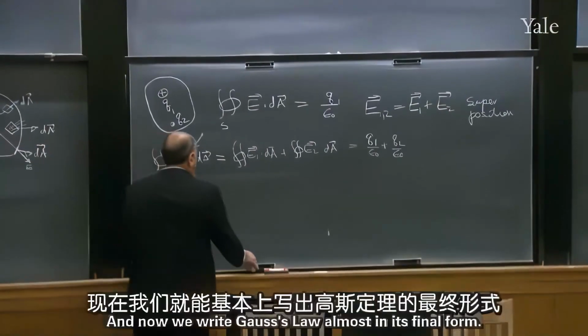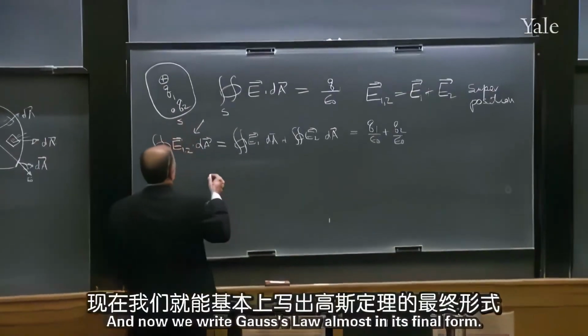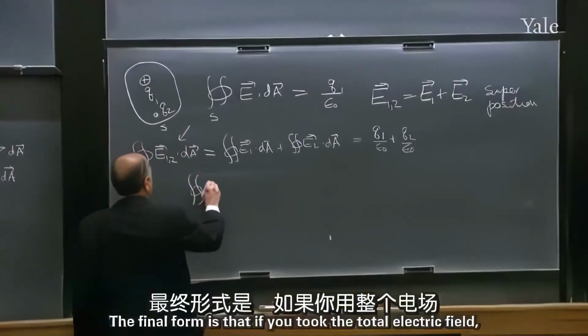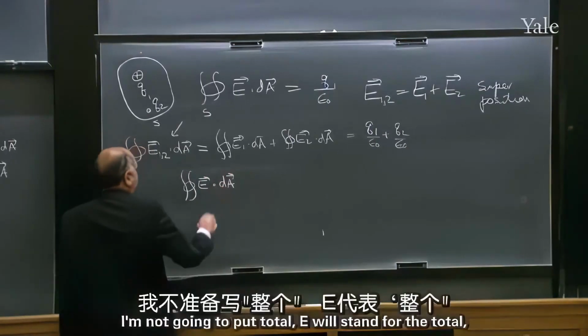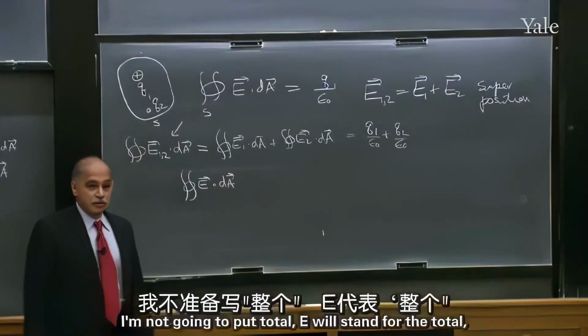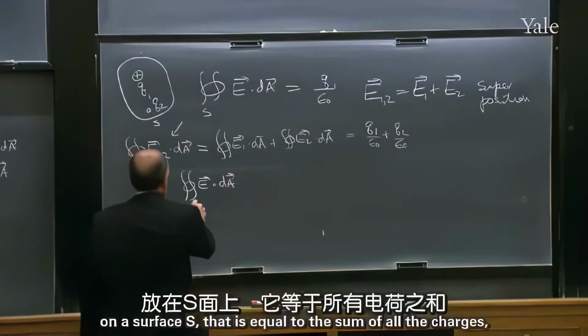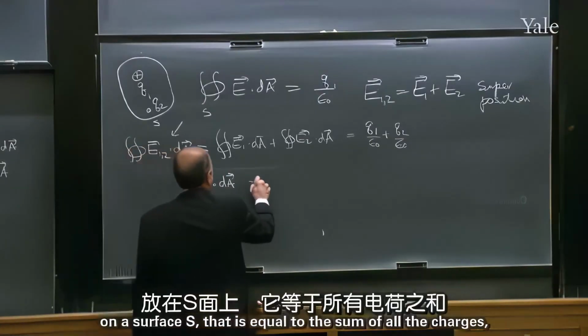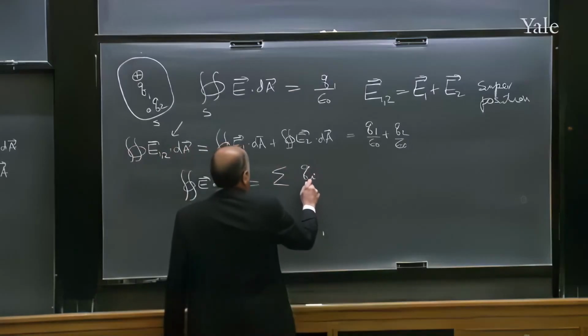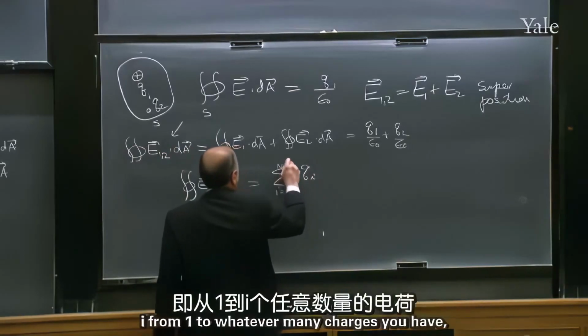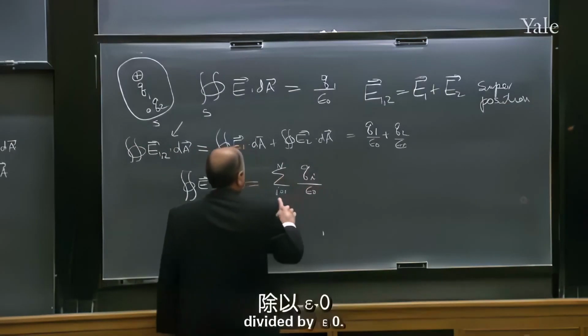And now we write Gauss's law almost in its final form. The final form is that if you took the total electric field, E will stand for the total, on a surface S, that is equal to the sum of all the charges, i from 1 to however many charges you have, divided by epsilon 0.